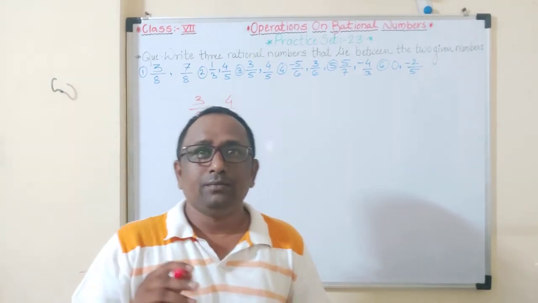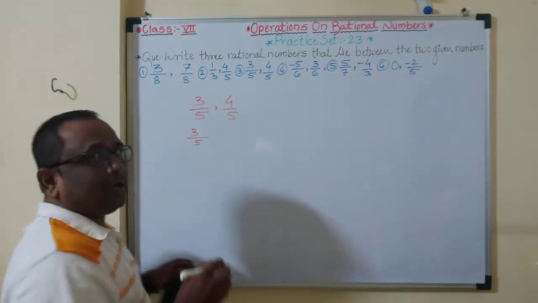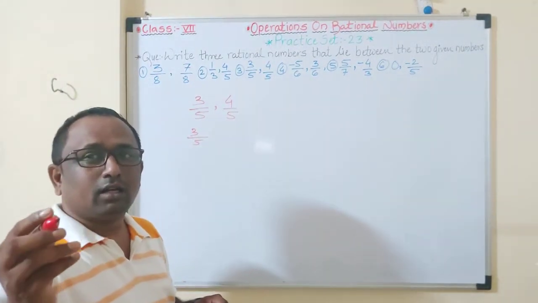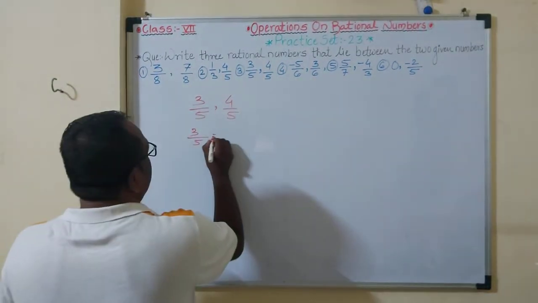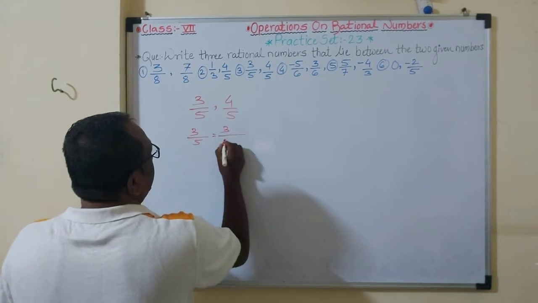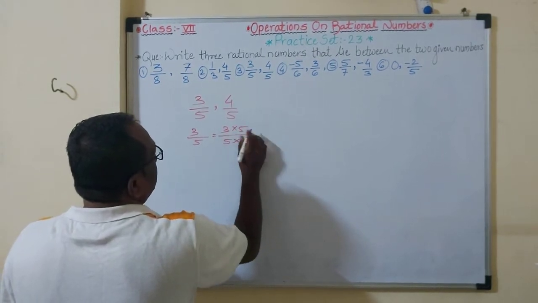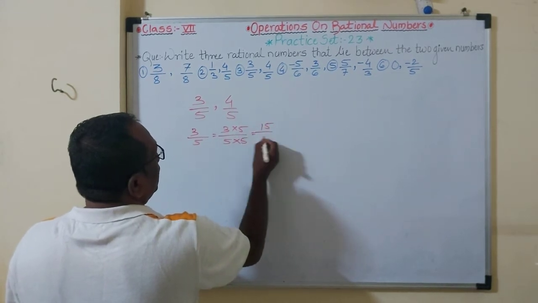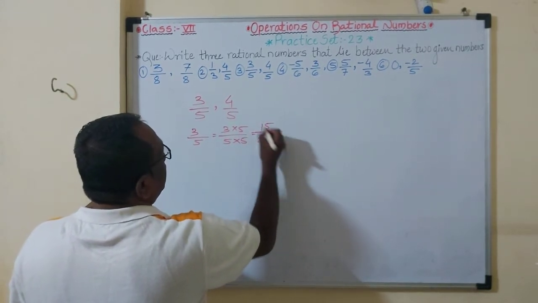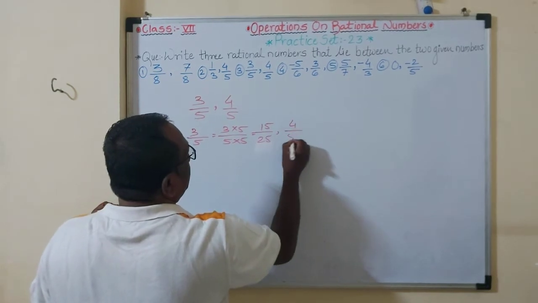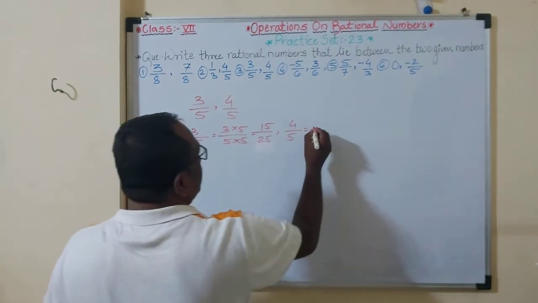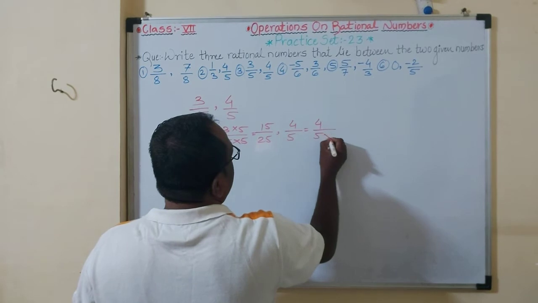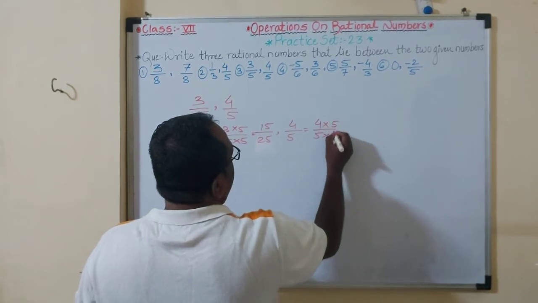Now look here. If I multiply 3 by 5 and 5 by 5, then 5 3s are 15 and 5 5s are 25. Then I will write second, 4 upon 5 is equal to 4 upon 5 multiplied by 5 and 5.